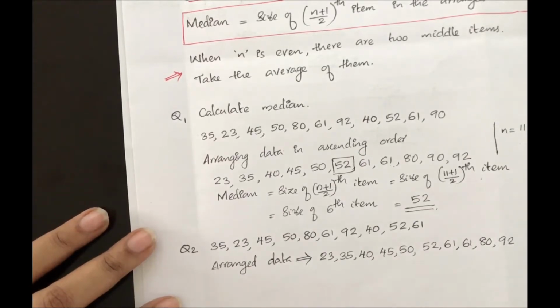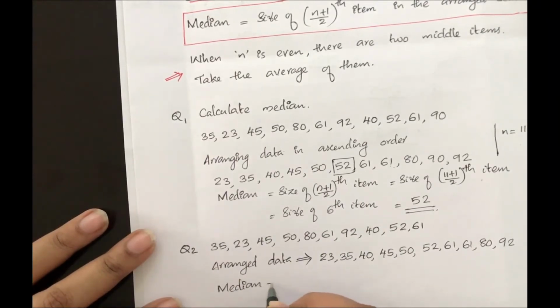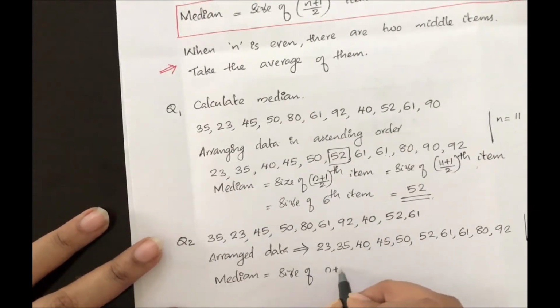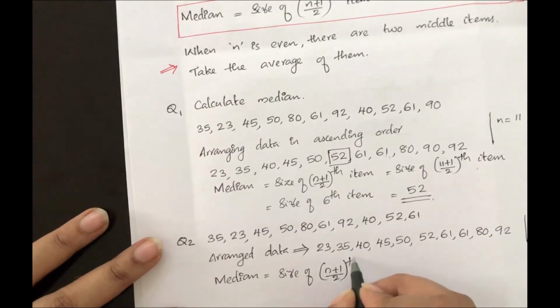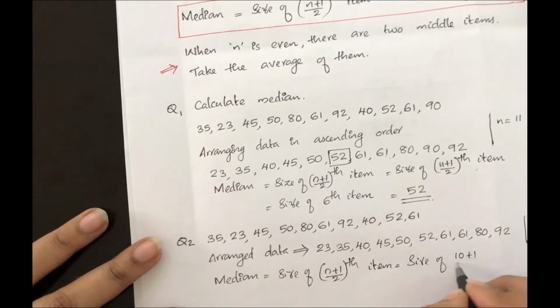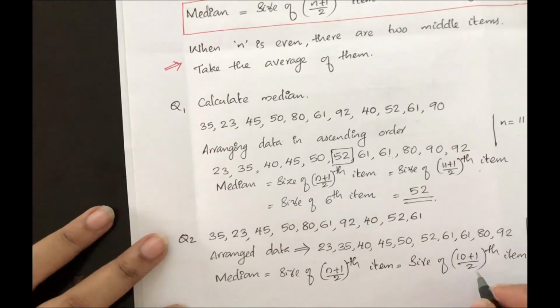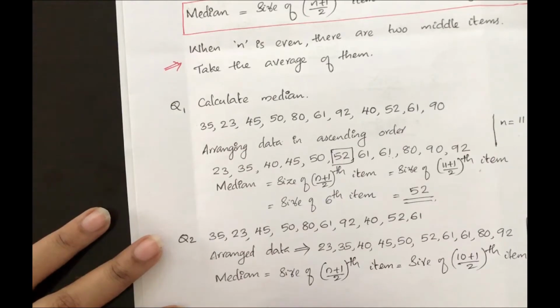So, median is equal to, first we need to write the equation: size of (n plus 1) by 2th item, that is size of (10 plus 1) by 2th item. 10 plus 1 is 11, 11 by 2 equals 5.5.